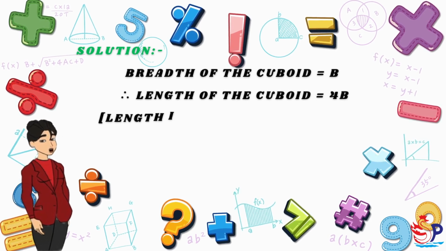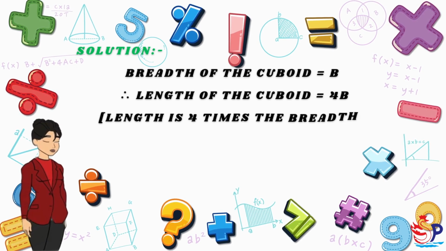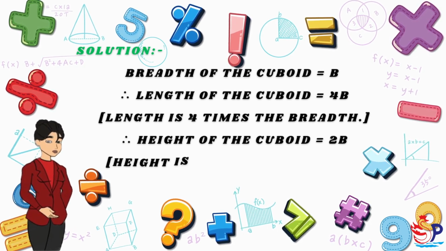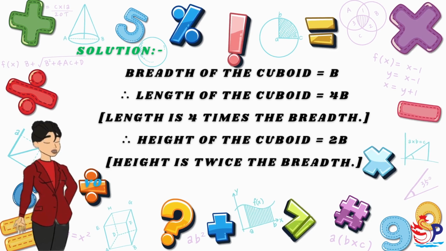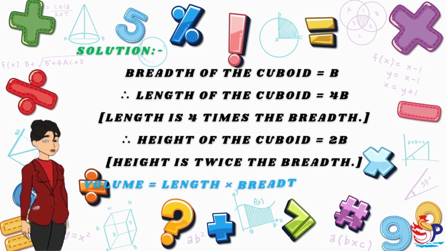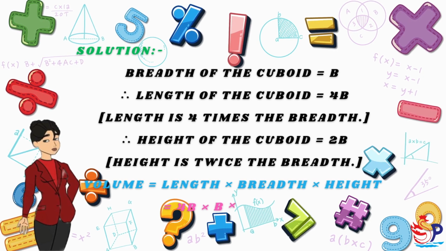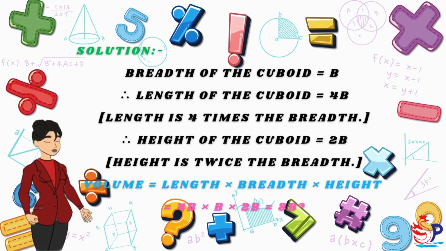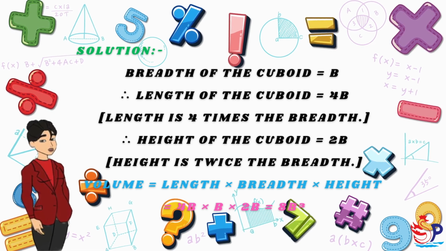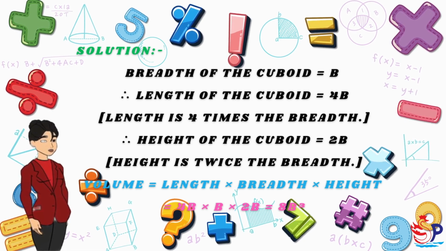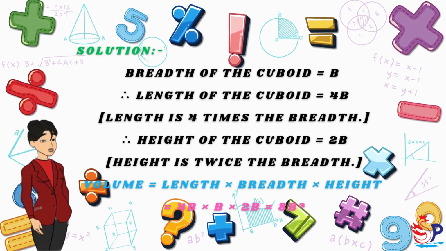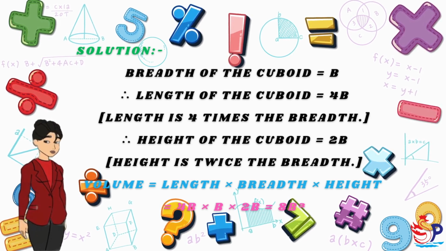Length of the cuboid is equal to 4b. Length is 4 times the breadth. Height of the cuboid is equal to 2b. Height is twice the breadth. Volume is equal to length multiplied by breadth multiplied by height, 4b multiplied by b multiplied by 2b is equal to 8b power 3.